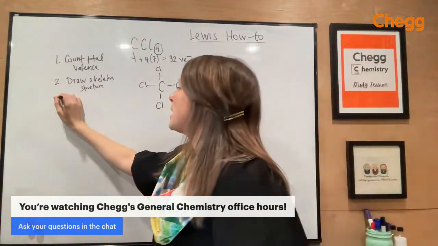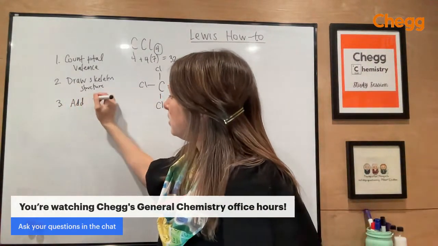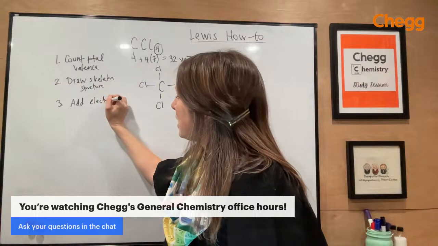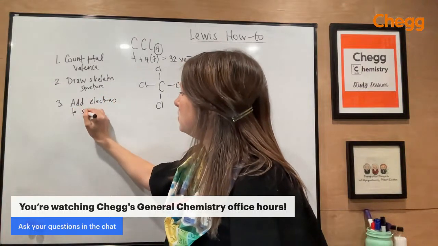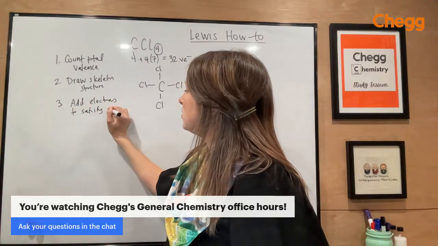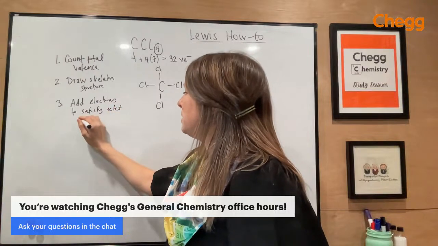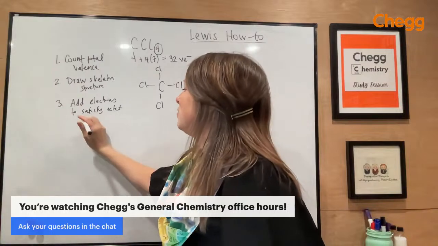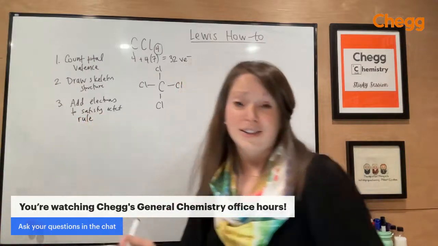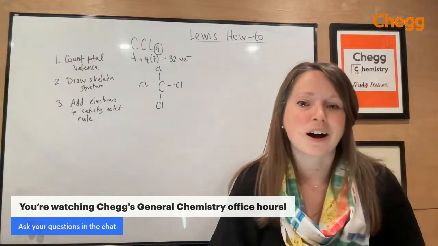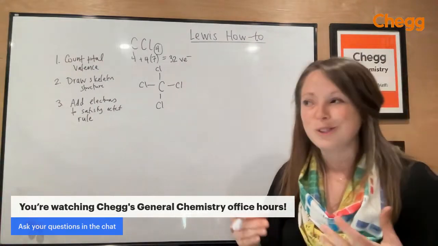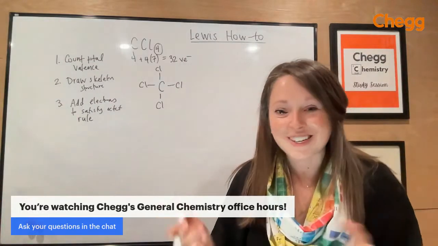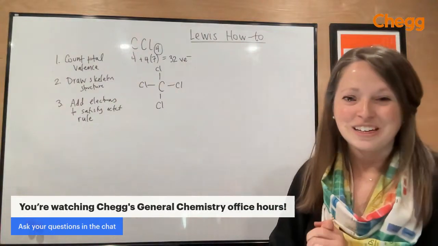So now we're going to add electrons to satisfy the octet rule. You're like, Corinne, that sounds really fancy. What is the octet rule? If you think of a stop sign, it's an octagon. It has 8 sides. So the octet rule is this idea that most atoms, there are of course exceptions, want to have 8 valence electrons.